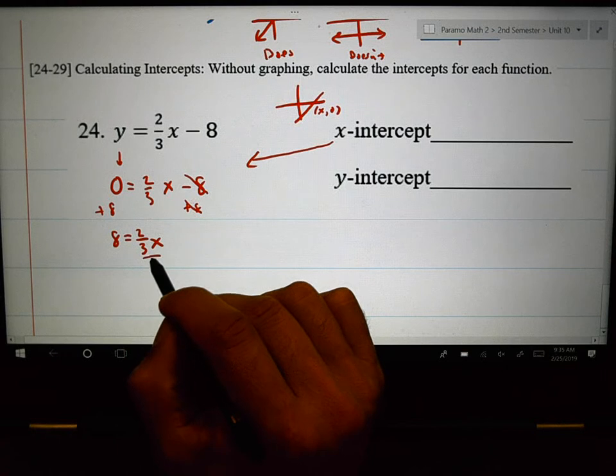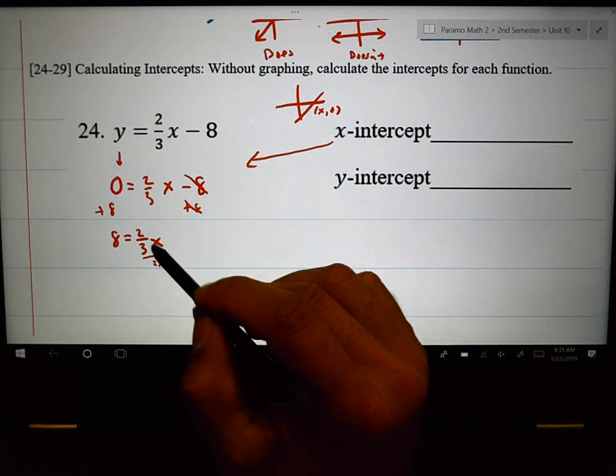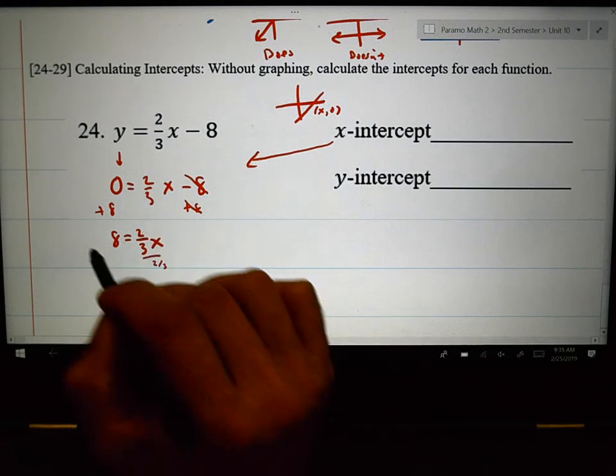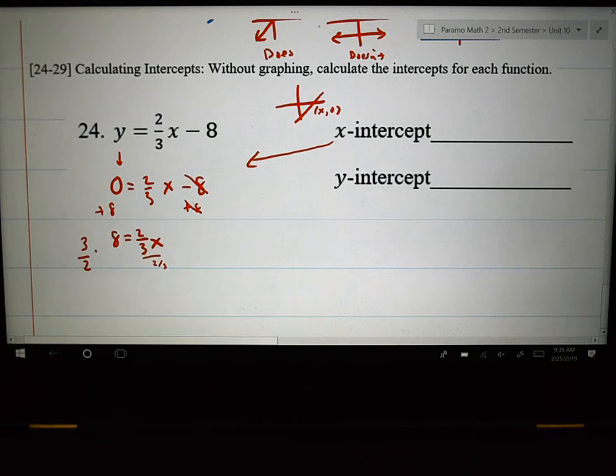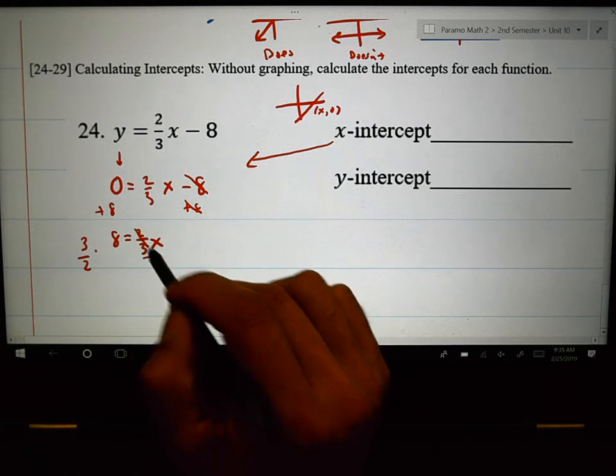If you don't know how to divide by 2/3, when you divide by a fraction, you're just multiplying by its reciprocal. You can think of it as the opposite of 2 over 3 is multiplying by 3 over 2. It's the same thing. Dividing by 2/3 is the same as multiplying. So 2/3 divided by 2/3 goes in once.